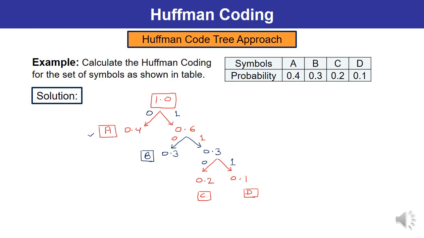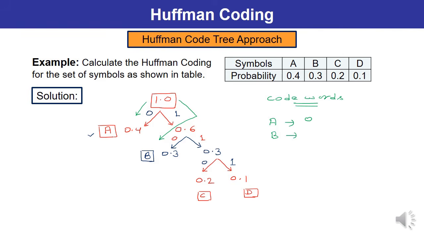See, when you have drawn in this particular manner, this type of pattern or approach is known as Huffman code tree approach. Now you can write down the code words also. Let us write the code word. For symbol A, you can see it starts from here, terminated to this point only. So this is nothing but the 0. Let us write for B. See, started from this point and has been terminated to this end.